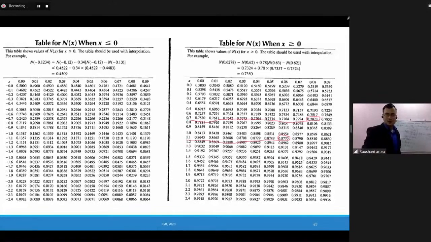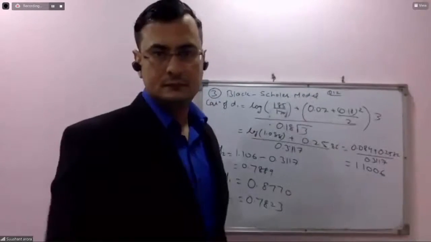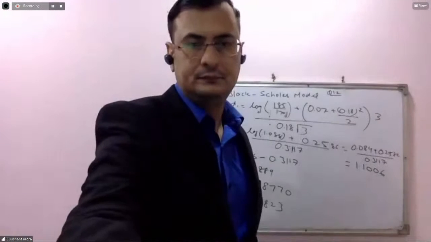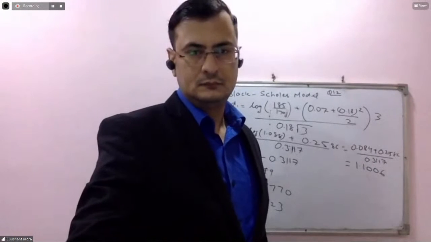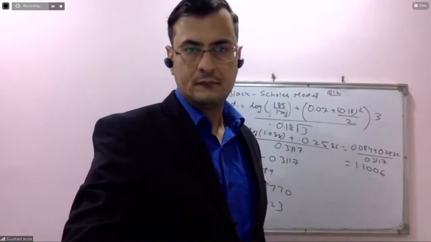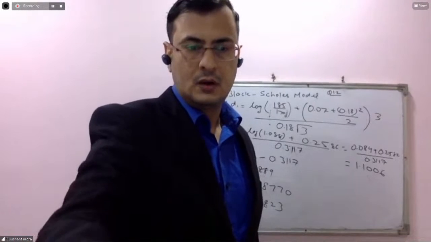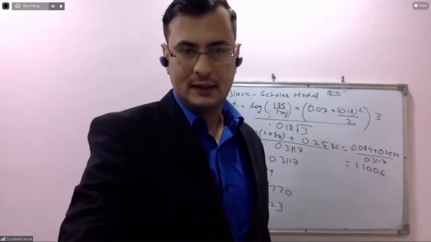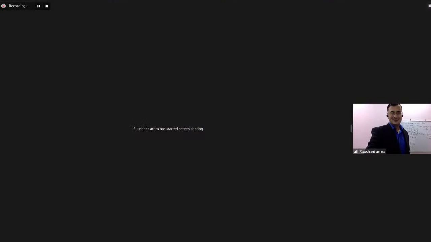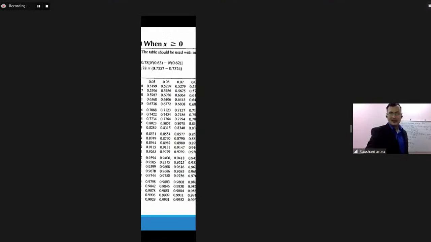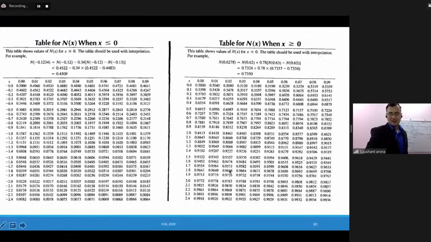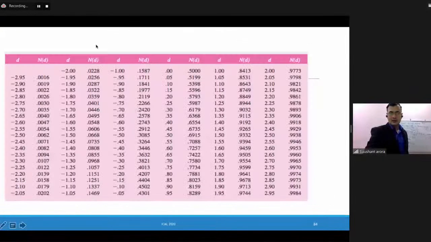Should I stop sharing? Okay, no worries. I have one more thing for you, because I thought if it is not clear, I can show you the next table. Here you can see a little bigger one. This right hand side is positive values and this is negative.